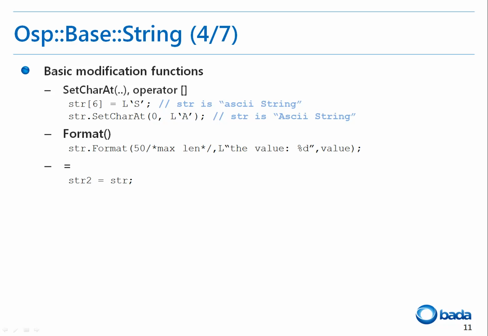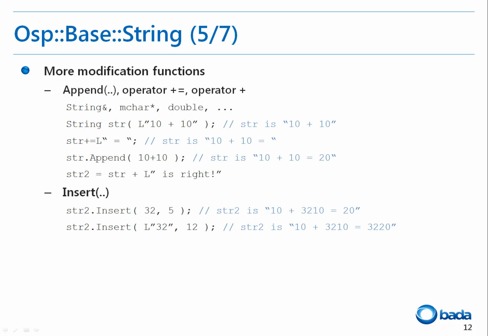In addition, you can assign a string to another string. The operators plus equal and plus are provided to allow appending a string to another string. In addition, an append function is provided, which can also be used to append a string to another string or to convert an integer value or a floating point type into a string type and append the converted string to a string.